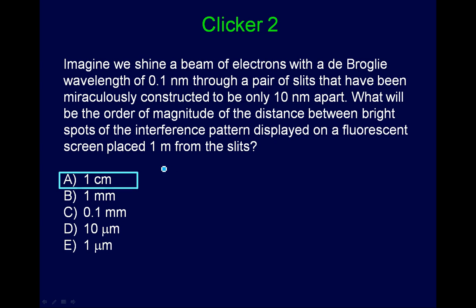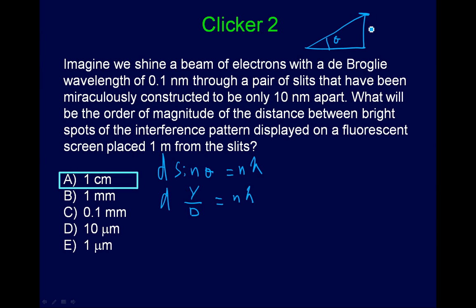Let's go back. The equation we're talking about, our two-slit interference equation, is d sine theta equals n lambda. We're going to use the approximation, which almost always works when dealing with things like electrons with very small wavelengths. What we're interested in is this y. We have our bright spot at some angle theta.